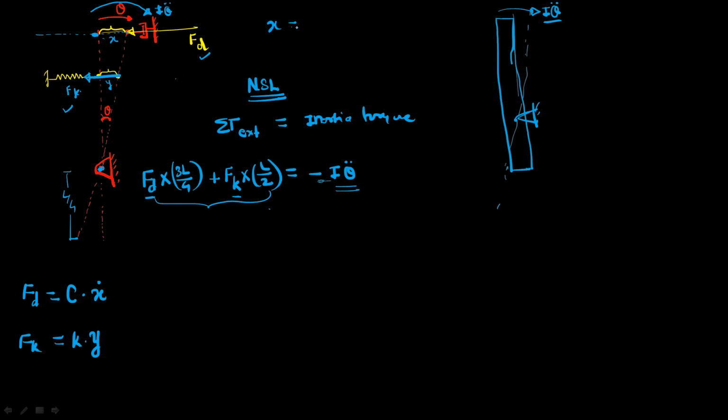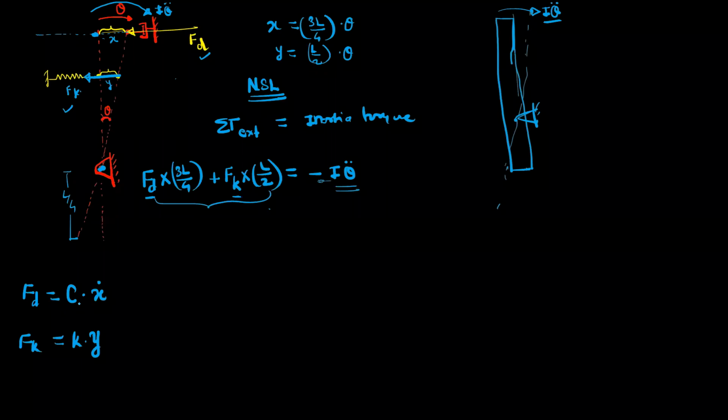In terms of theta, we can write x is equal to 3L by 4 into theta, because from this point up to this point the distance is 3L by 4. Then for y, this is equal to L by 2 into theta.